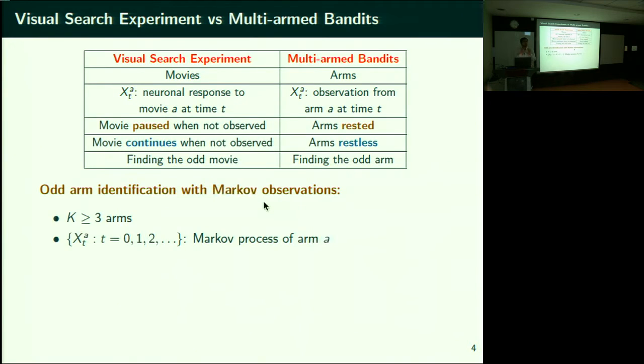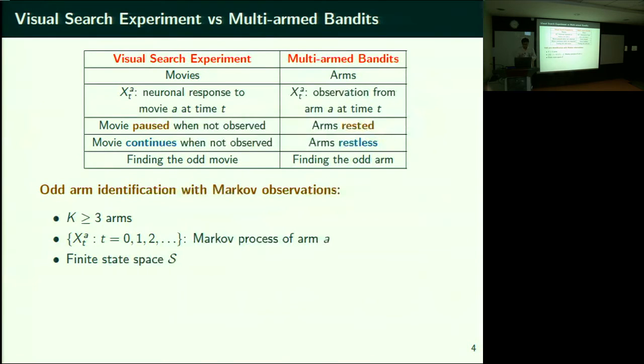Now, each arm is a collection of frames, as I told you in the movie example. So it's a Markov process. I'm going to denote it by a sequence of random variables: at time t on arm A, what is the observation? You do this for each arm. Now I assume, for the sake of simplicity, that all of these operate on a finite state space.